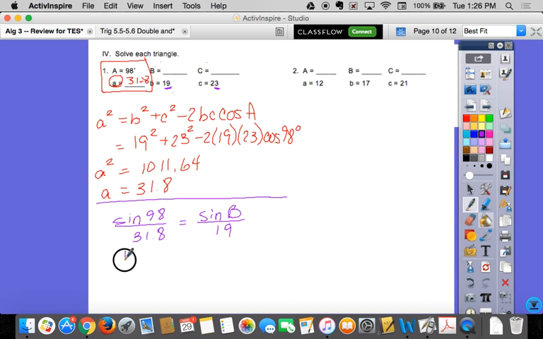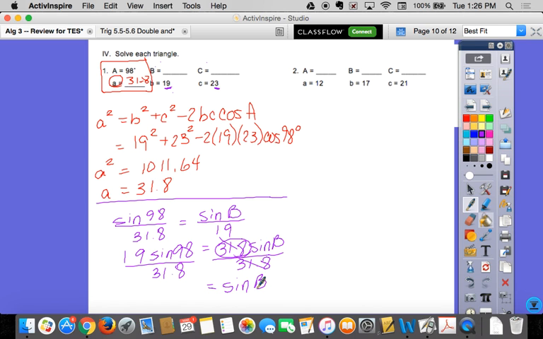Then you can cross multiply. 19 sine of 98 equals 31.8 sine of b. Alright, remember any number in front, you just divide through by that number. And those will cancel. You're going to type in the top, get an answer, divide through by the bottom.